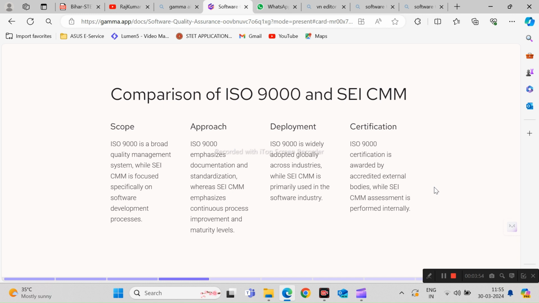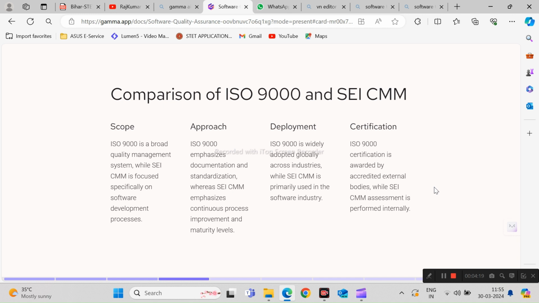On the basis of approach, ISO 9000 emphasizes documentation and standardization, whereas SEI CMM emphasizes continuous process improvement and maturity levels. On the basis of deployment, ISO 9000 is widely adopted globally across industries, whereas SEI CMM is primarily used in the software industry.